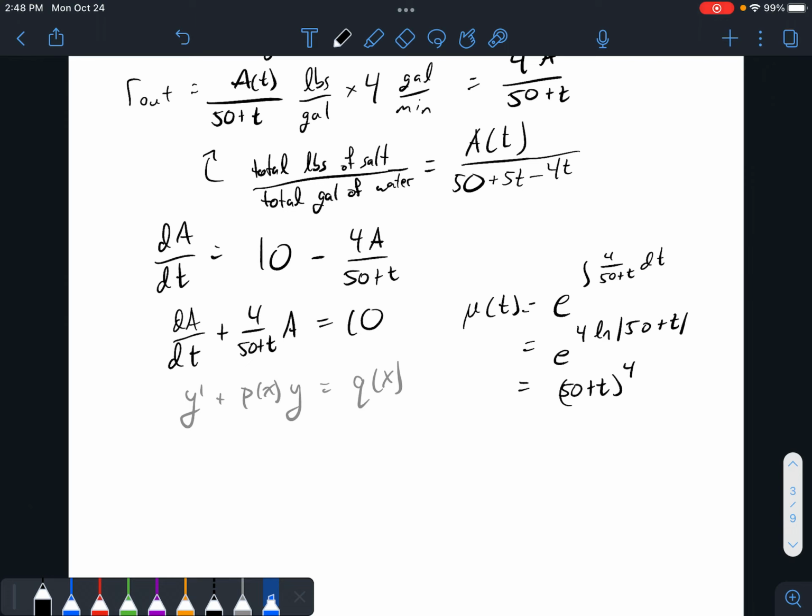Great, so now we just multiply by that on both sides. Oops, we're dividing by 50 plus t there. So this would be 50 plus t to the 4th divided by 50 plus t, so to the 3rd.